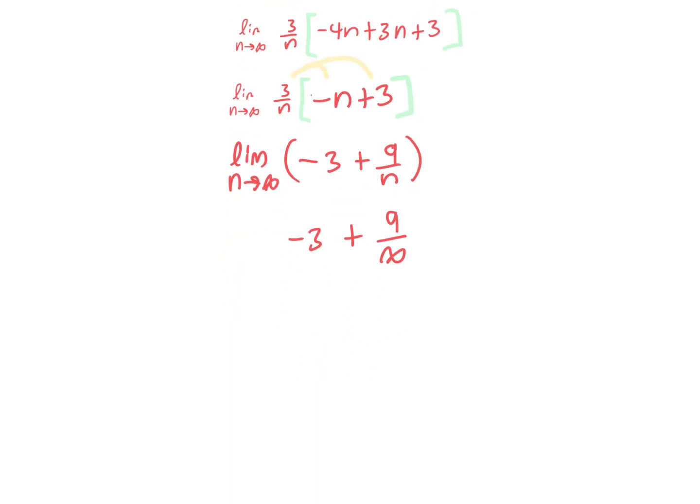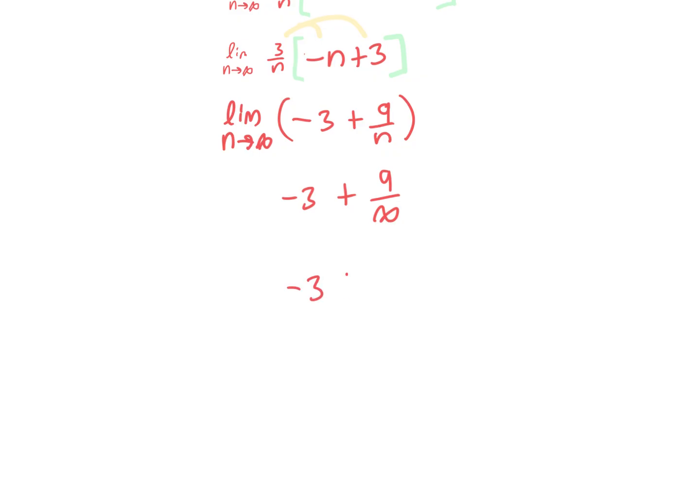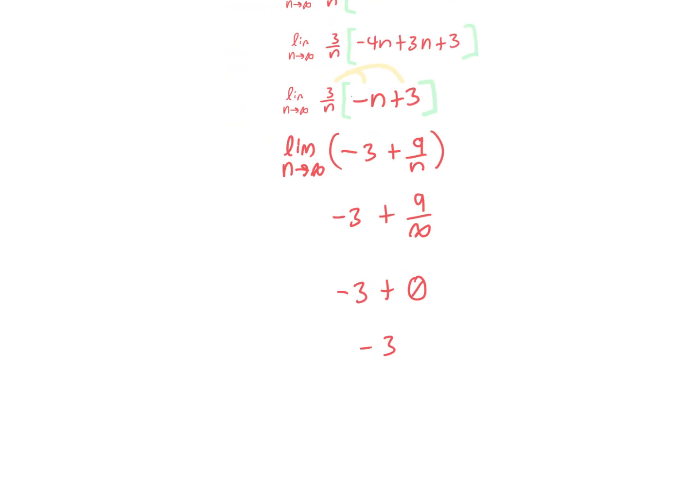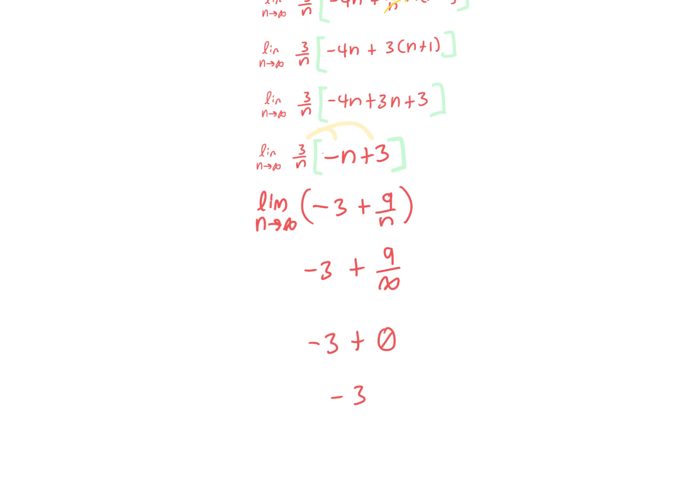We all know, hopefully, that that's negative 3 plus 0 due to the previously mentioned concept. And then, that's what that is. So notice, by the way, for my student watching, when you're doing the limit stuff, the moment you substitute the infinity symbol in there, that's the moment where you can actually drop the limit notation.